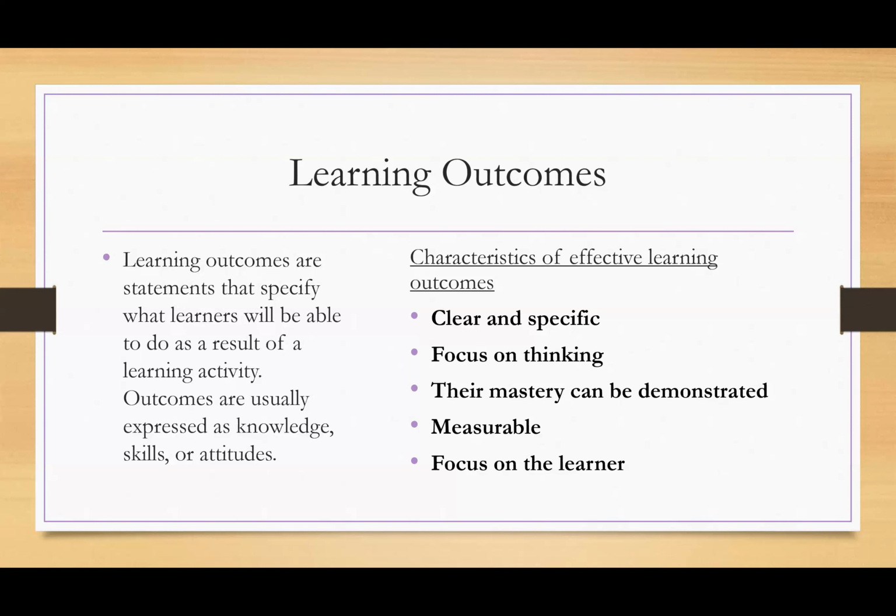Good learning outcomes are measurable, meaning that the teacher can design a certain way for students to demonstrate how well or to what degree they have achieved the objective. So, a good question to ask ourselves could be, what do I visualize a successful learner being able to do as a result of this lesson?